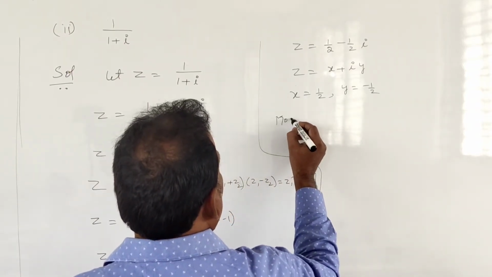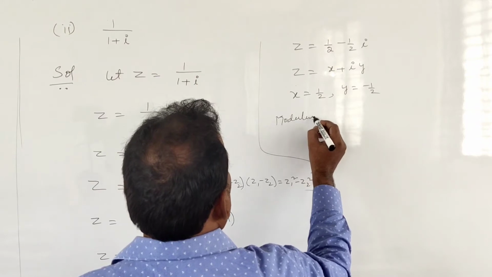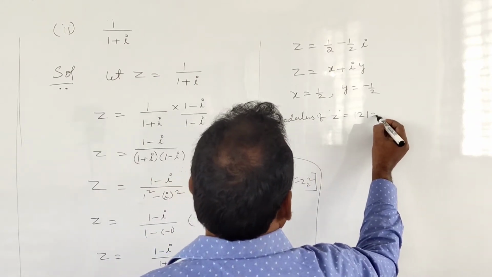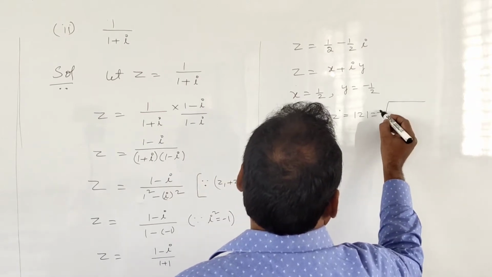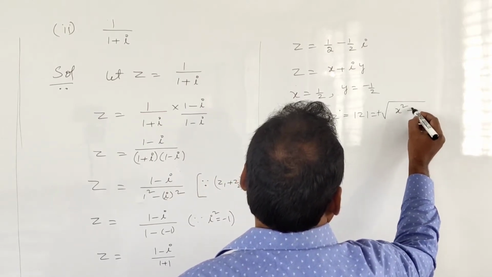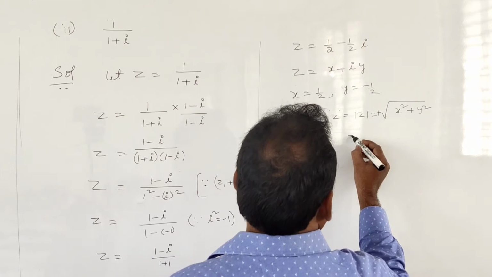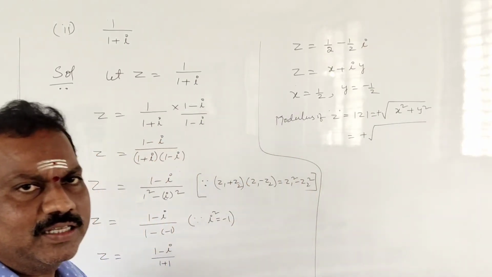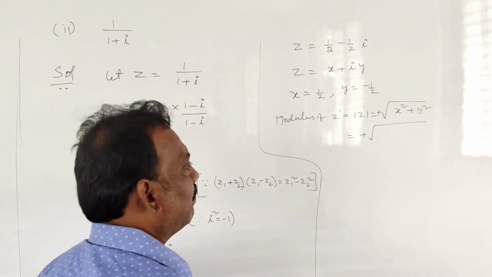Modulus of a complex number. Modulus of z is denoted as mod z. For that we have a formula: positive square root of x square plus y square, that is, real part of the complex number square plus imaginary part of the complex number square.